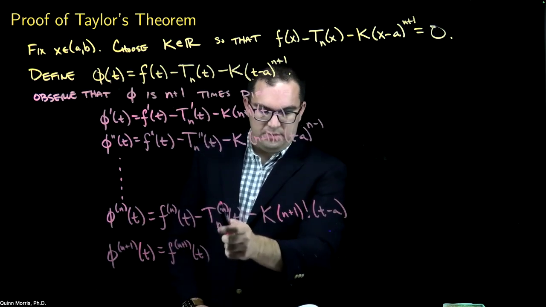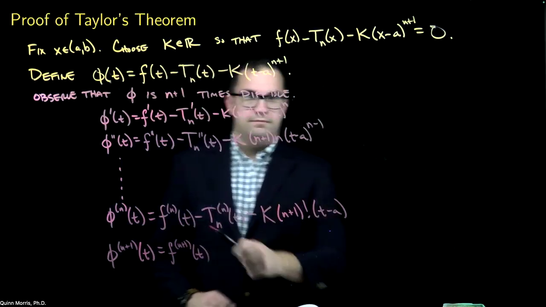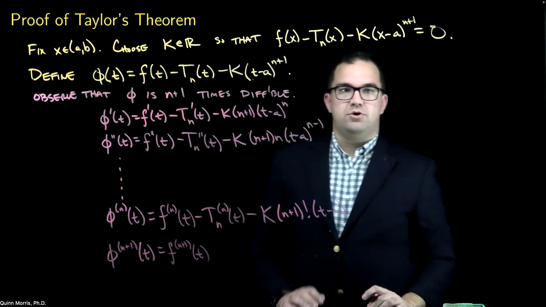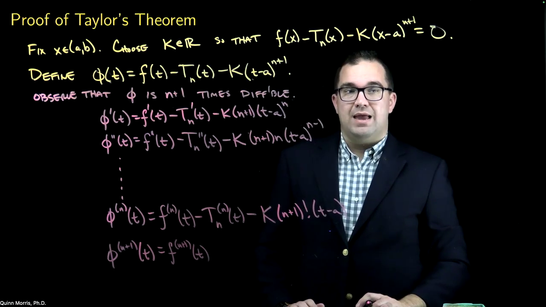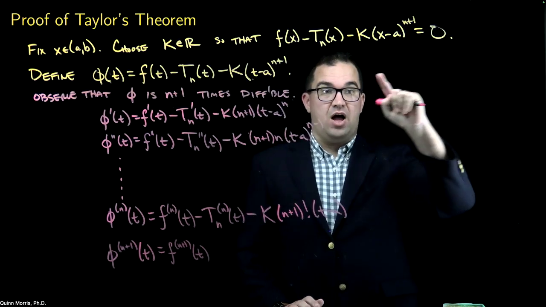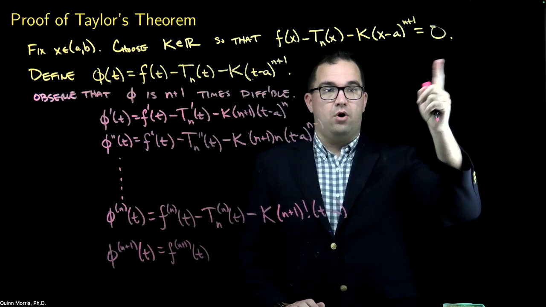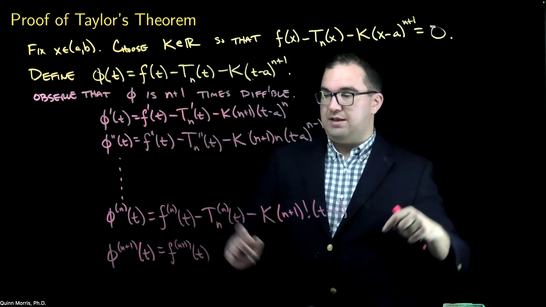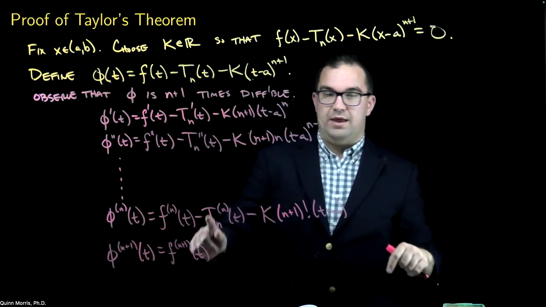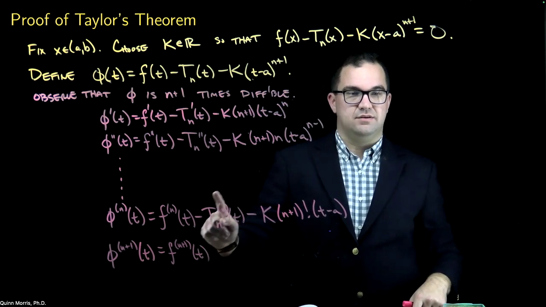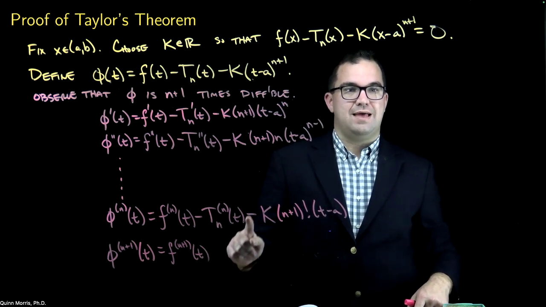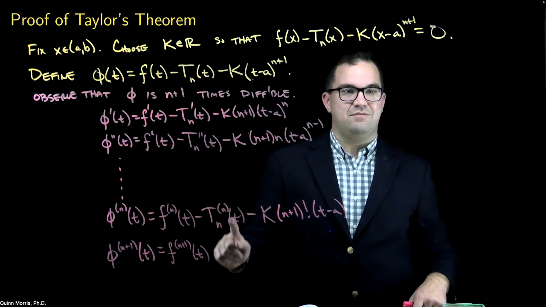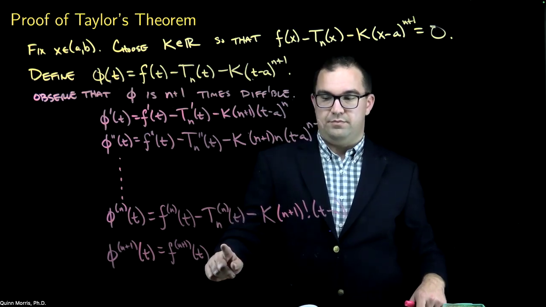This was a polynomial of degree n. If you take a polynomial of degree n and differentiate it n times, what's going to happen? Well, all the powers are going to have come down. By the time you've differentiated it n times, this is actually just a constant. And then you differentiate that one more time, and the derivative of that constant is 0.